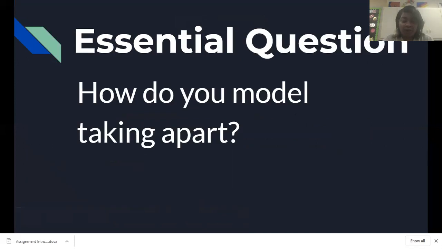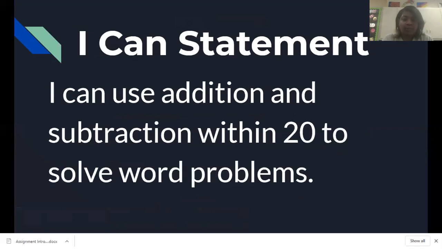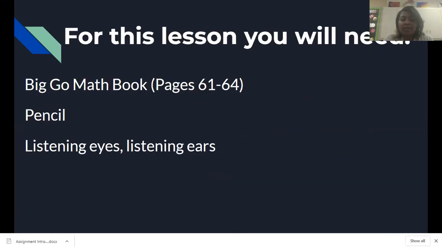Our essential question for today is, how do you model taking apart? Our I can statement, I can use addition and subtraction within 20 to solve word problems.